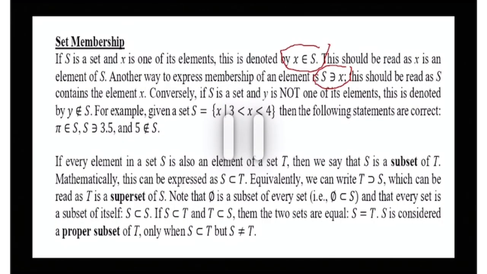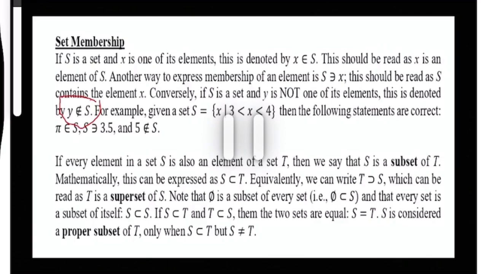Before going into an example, I also want you to take note of this. Whenever I have this, it means it is contained in or from that set. But if I put this, I'm trying to say it is not.